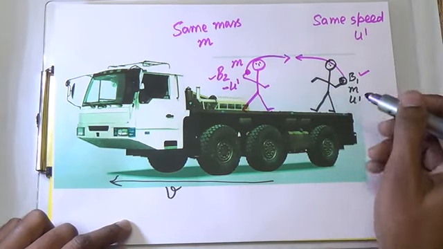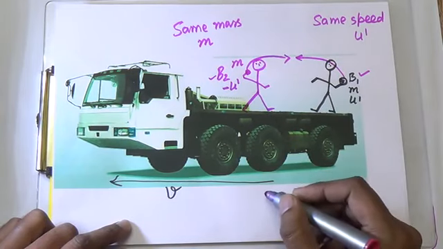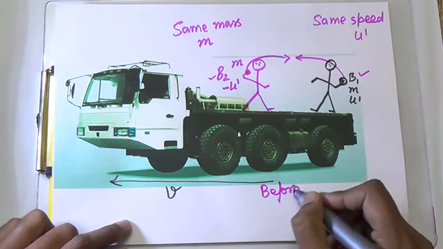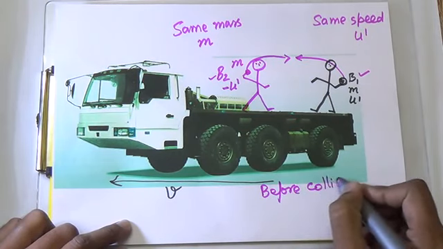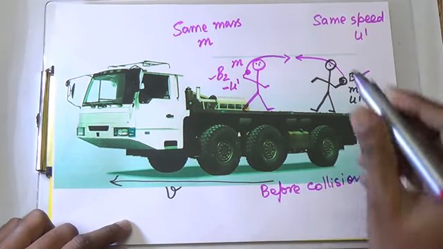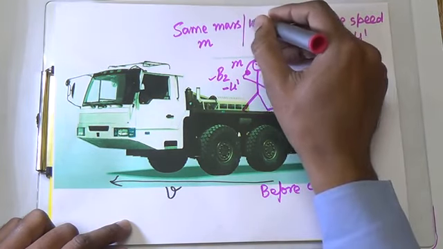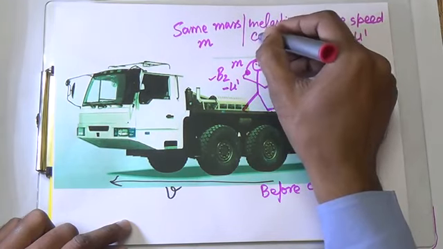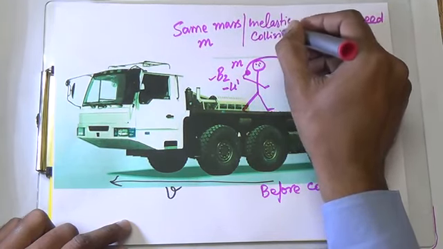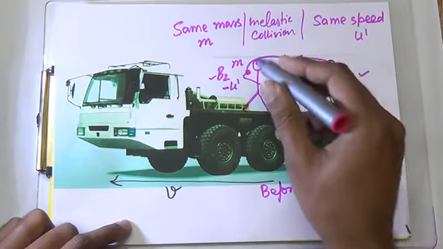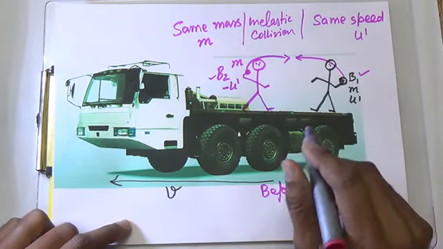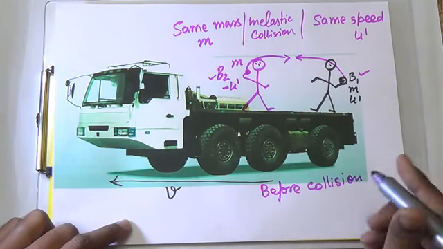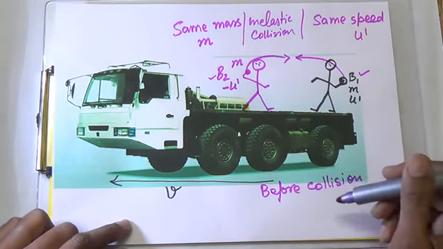The collision we are considering here is inelastic. That means the kinetic energy of the system before collision and after collision is different.